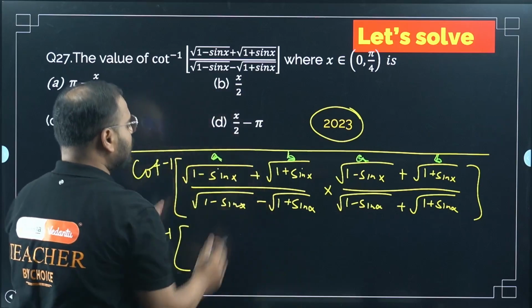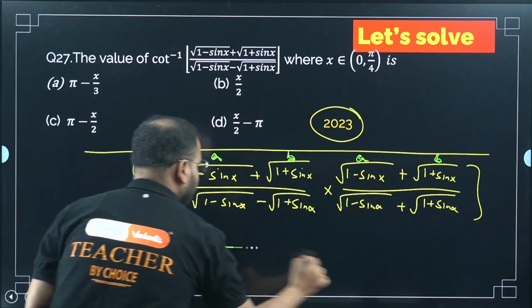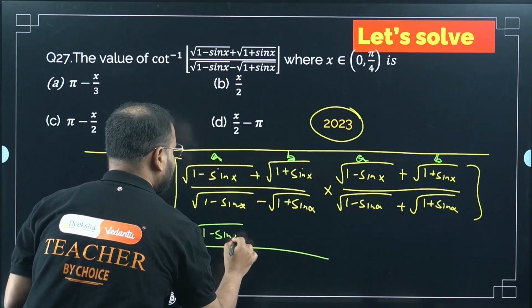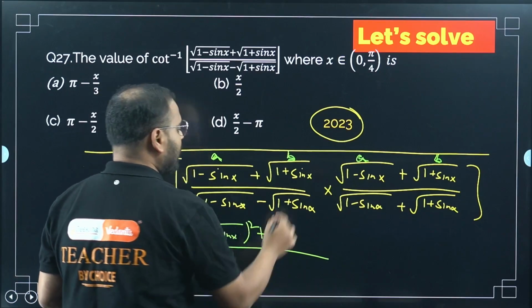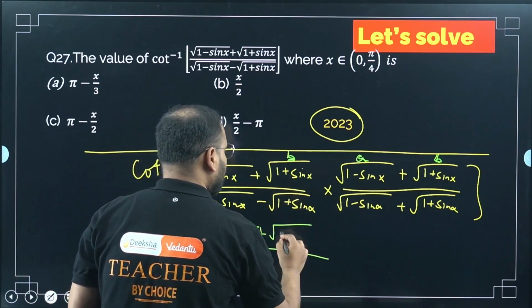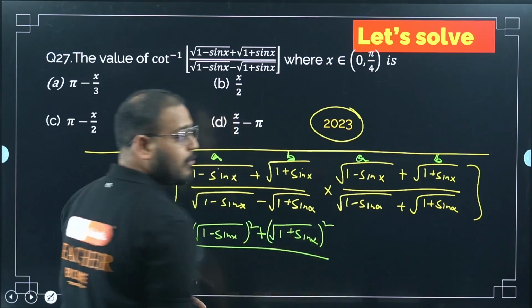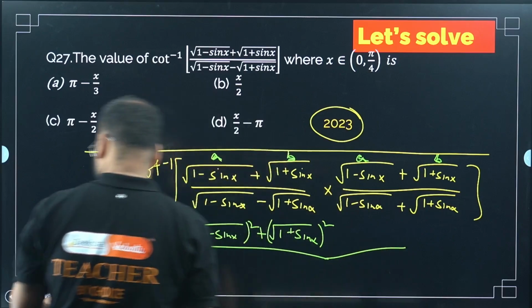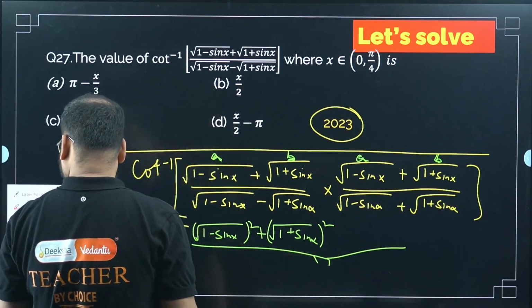So what will my A square look like? Square of this, so 1 minus sine x. Please check. And B square will be what? Square of this, 1 plus sine x. What about plus 2AB? Let me erase it.